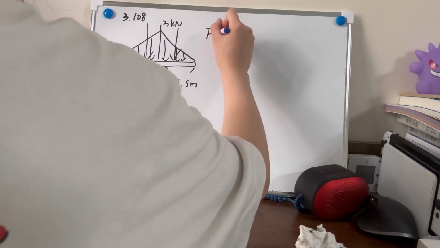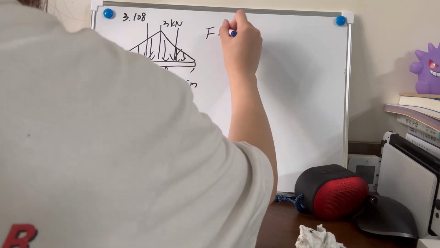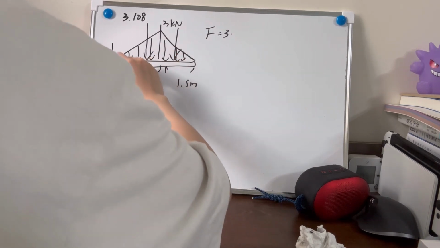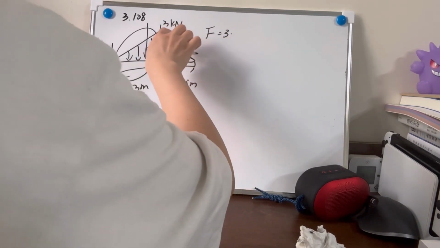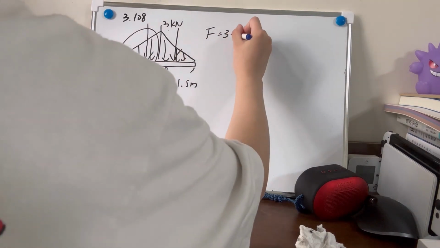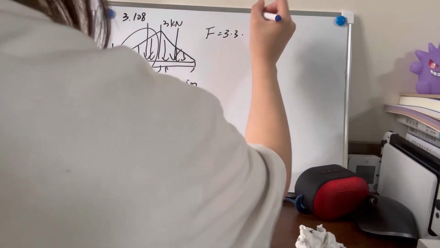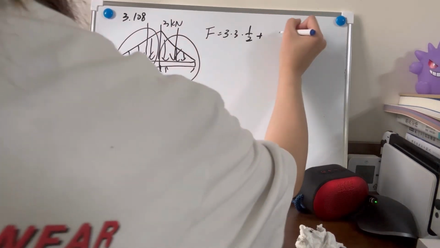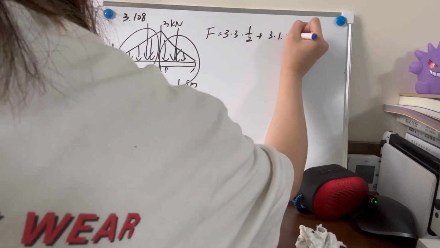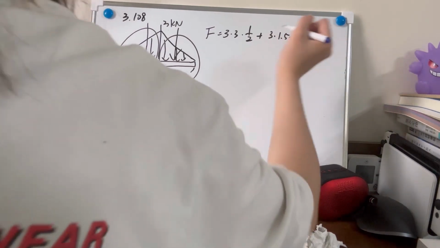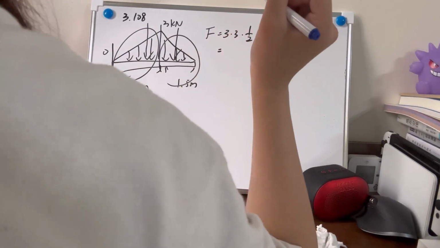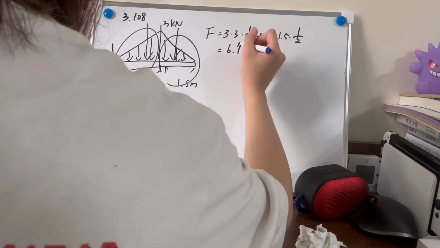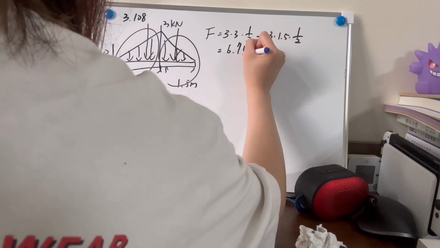So F is 3 times this triangle here is 3 times the 3, and it is a triangle, so it has a half, plus this triangle 3 times the distance, and it is a triangle, so it has to be the half. So the force is 6.75 kN.